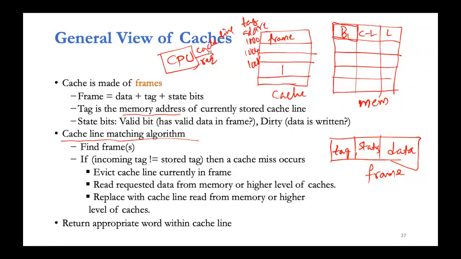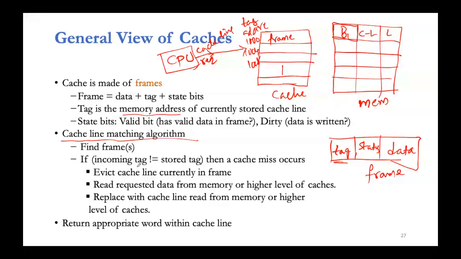From that cache line address, it finds whether the frame is there in the cache or not. So how does it find a frame? The cache has a stored tag, and the incoming cache line also has a tag address.